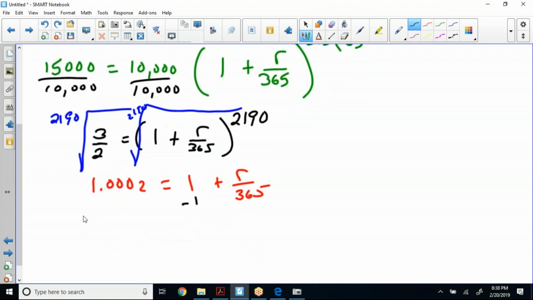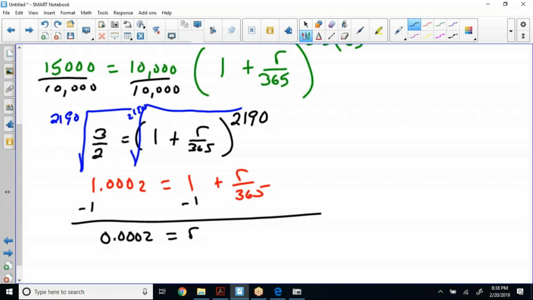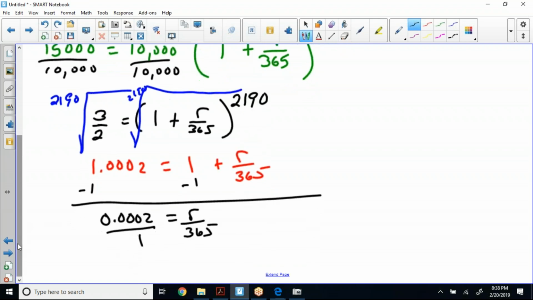So I'm going to subtract 1, so that's 0.0002 equals R over 365. Guys, look right here. It's a tough one. I'll just go ahead and tell you. I'm going to cross multiply. Well, let me back up.